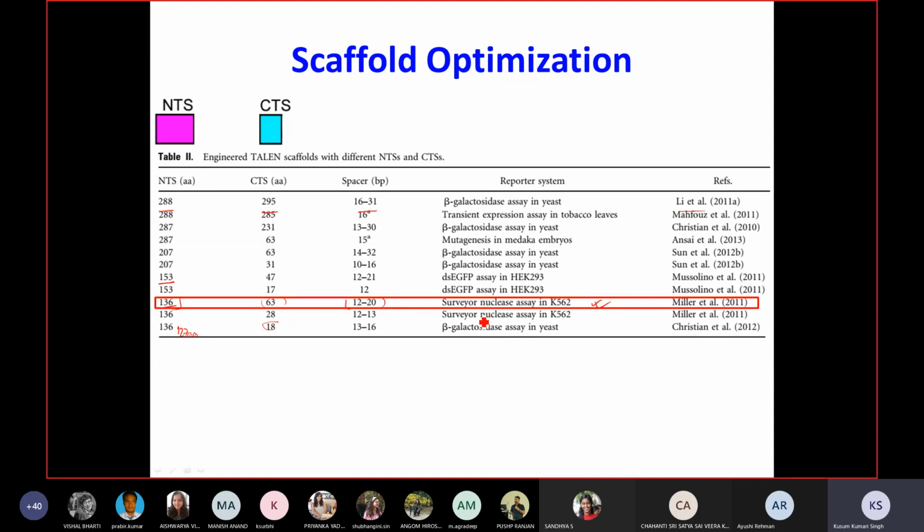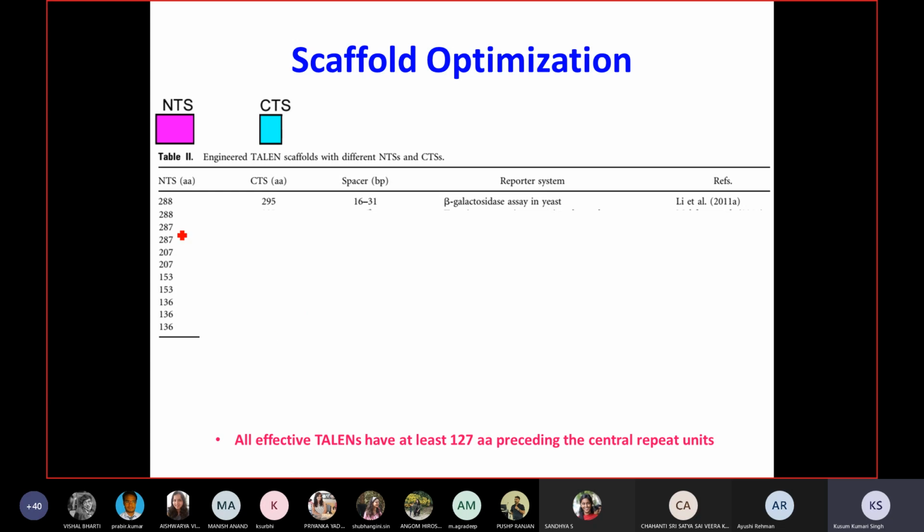After Miller's work in 2011, there were other constructs that were even smaller. For example, in 2012 they had an even better system, in this case 153 and 17, and very small spacers, as you can see, up to 12. Those were created. Now, all effective TALENs had at least 127 amino acids preceding the central repeat unit.